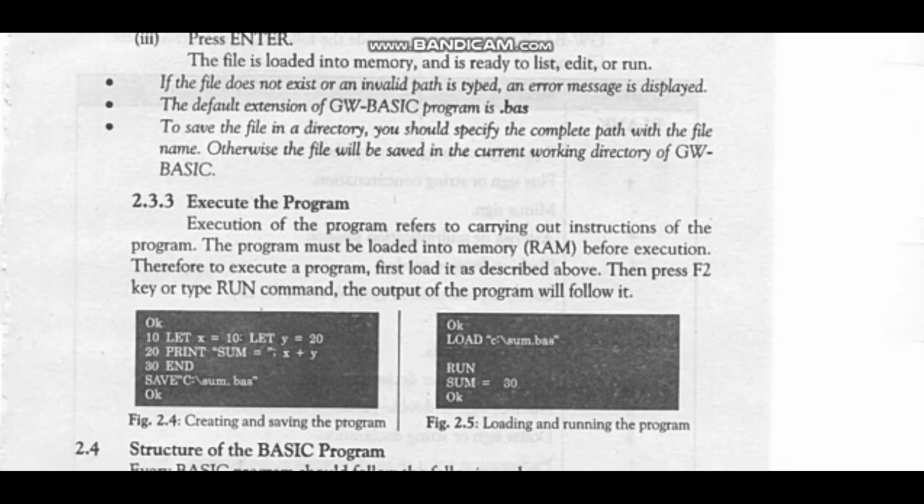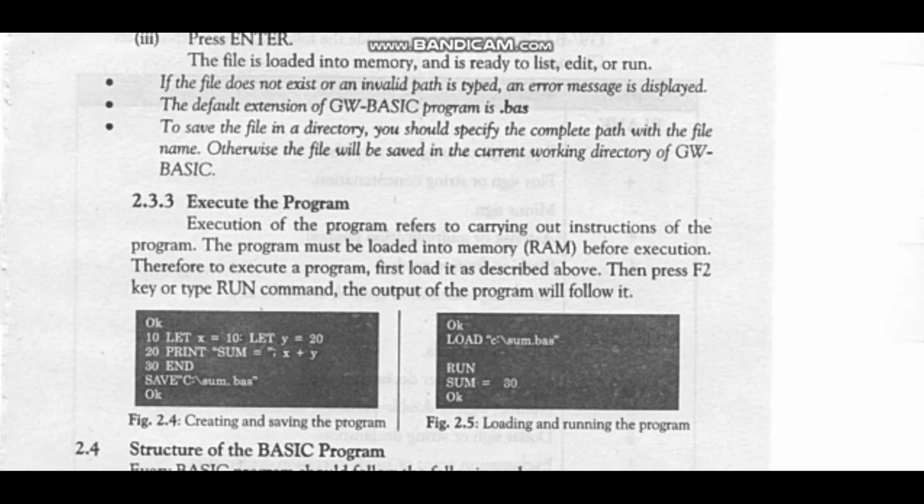it's in ascending order. So when we save anything, it should be saved on the hard disk, and when we need it, when we open it, it will be opened through the RAM. So saving a program, the process of storing a program on a disk for future use, is called saving a program. The following procedure is used to save a program.